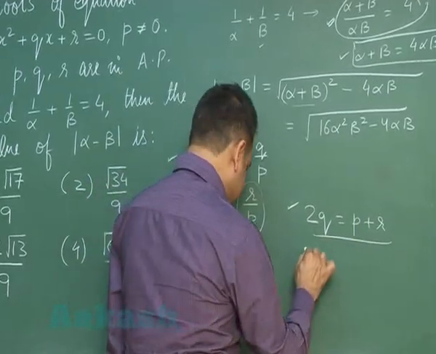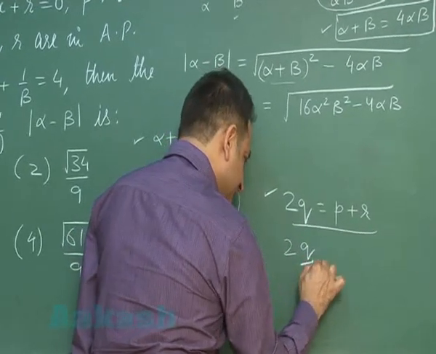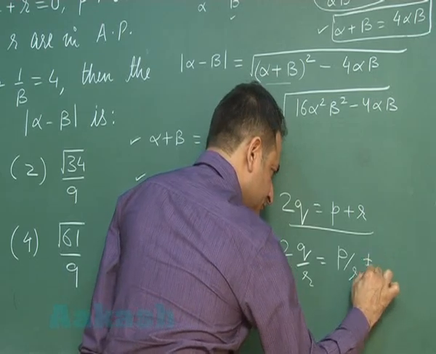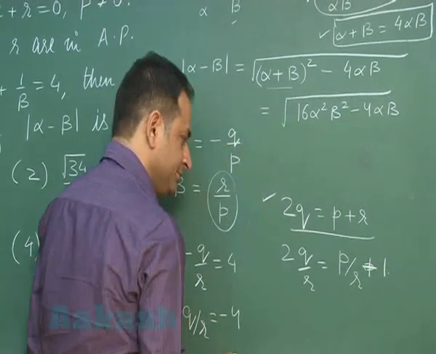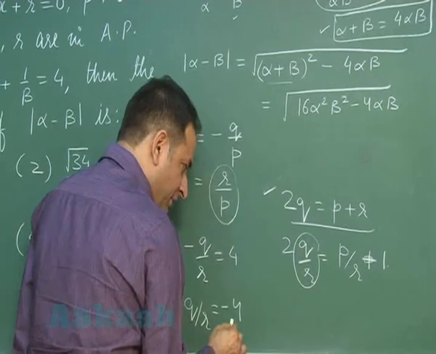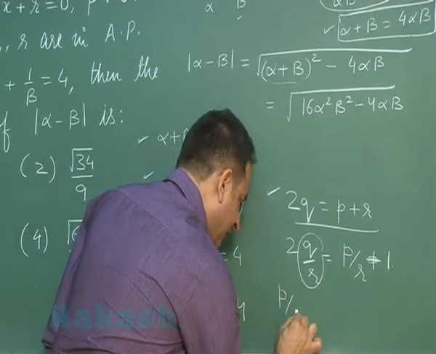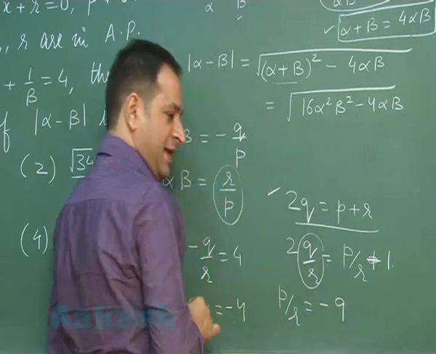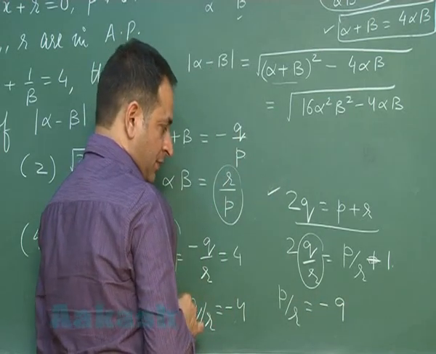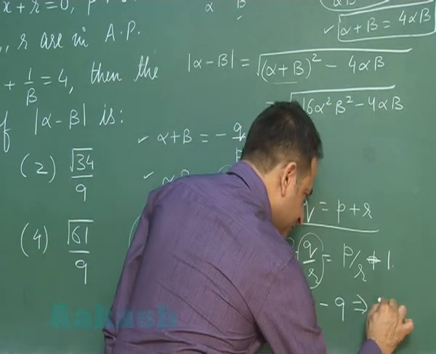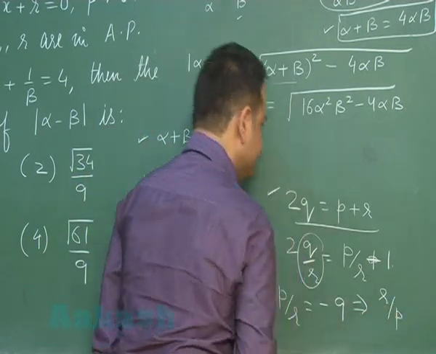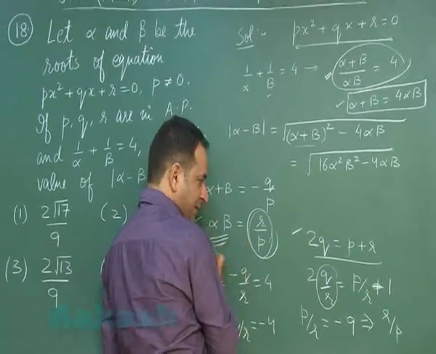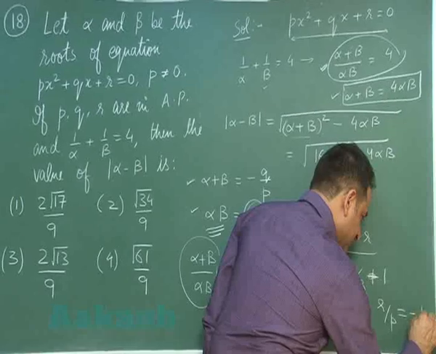Dividing both the sides by r, from here, by putting the value minus 4 here, we will be having p by r is equal to minus 9. So from here, r by p, which we know is equal to alpha into beta, is equal to minus 1 by 9.